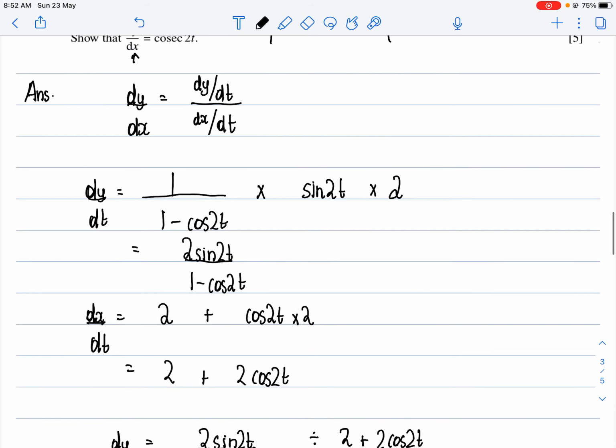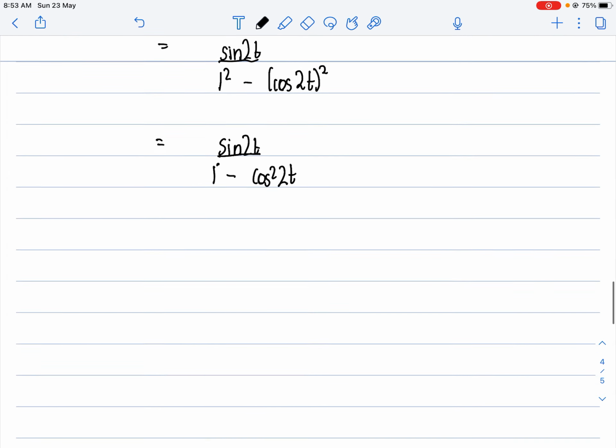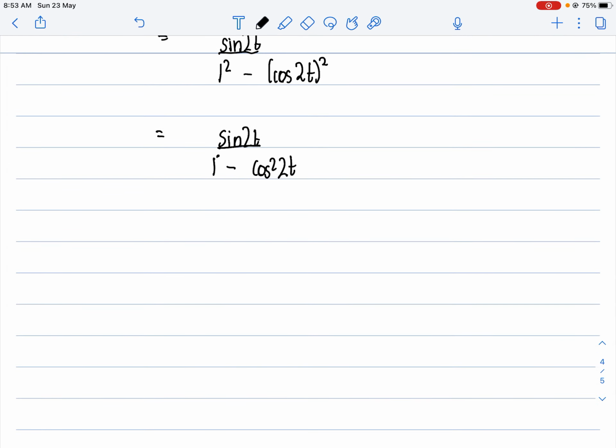Now what do I need to prove? I need to get cosec 2t. That basically means I need to get 1 over sine 2t. So now I have something like this. If you know that sine square x plus cos square x is equal to 1, that means sine square 2t plus cos square 2t will also be equal to 1.